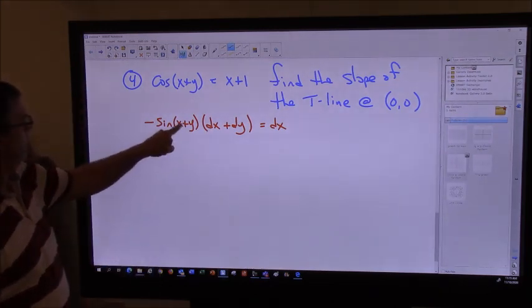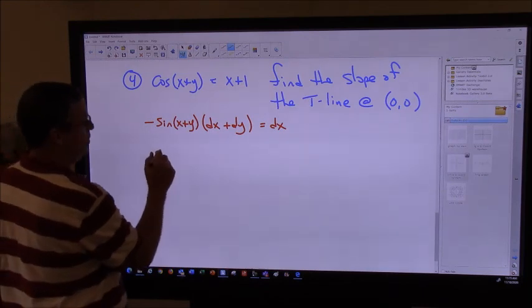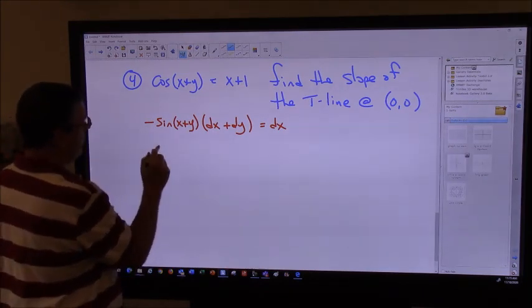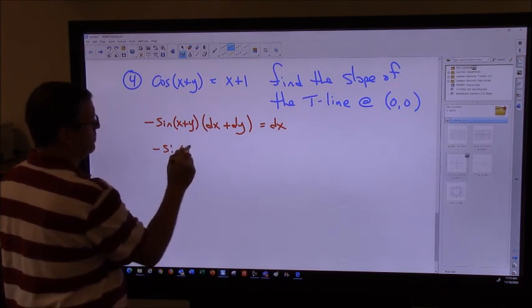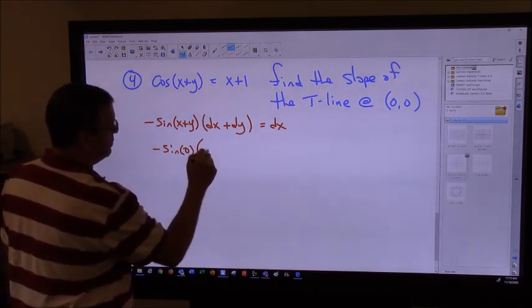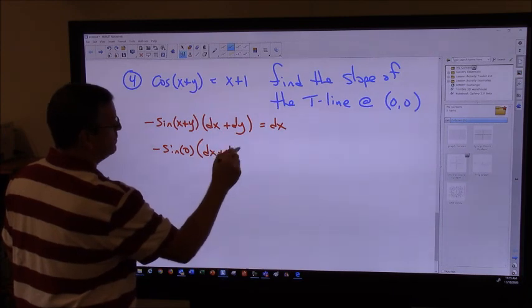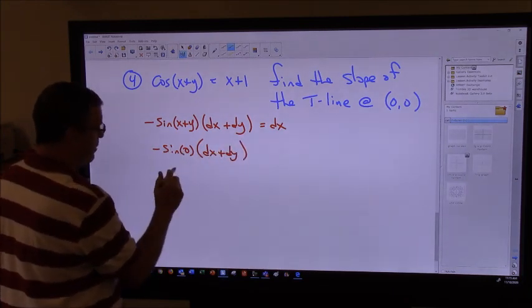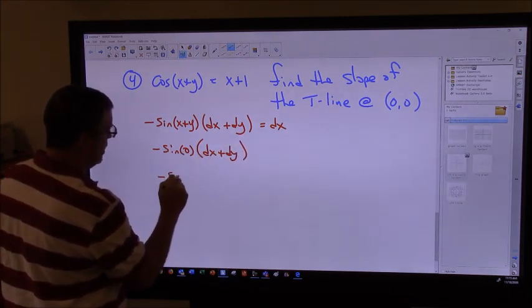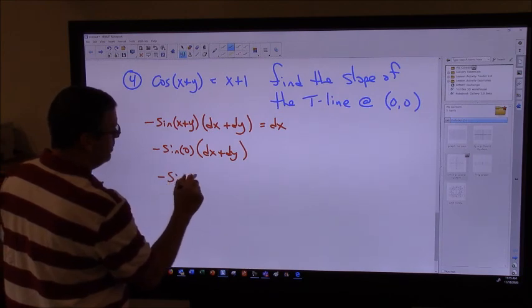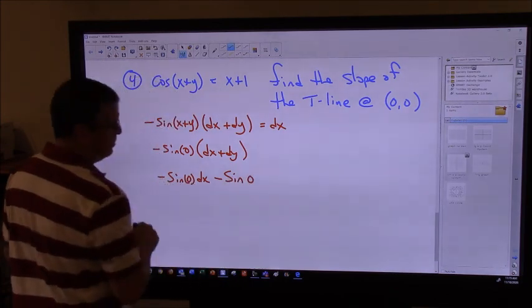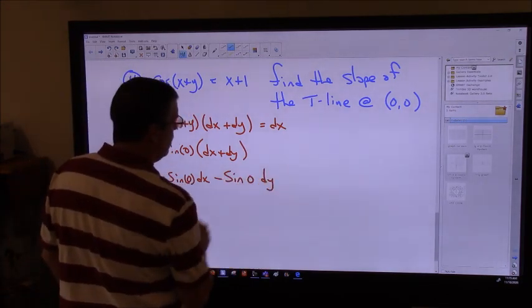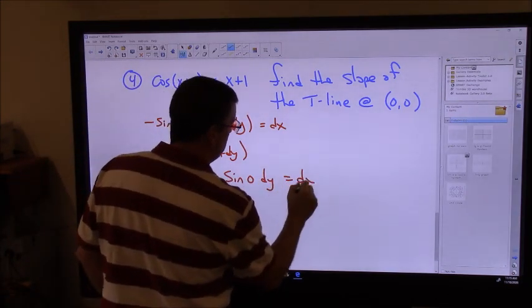So if I plug in 0, 0, what I really have is a negative sine of 0 times dx plus dy. Now I'm going to go ahead and distribute that, so I get a negative sine of 0 dx minus sine of 0 dy equals dx.